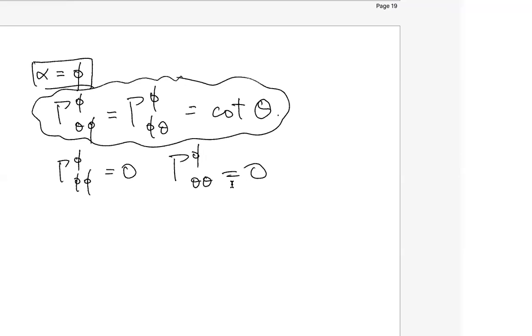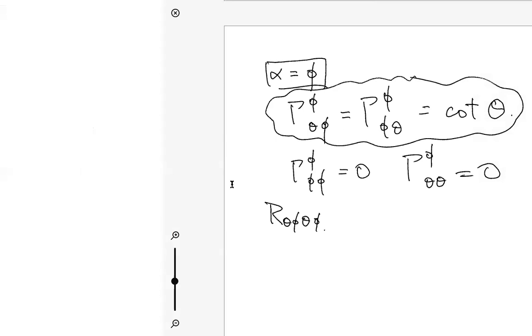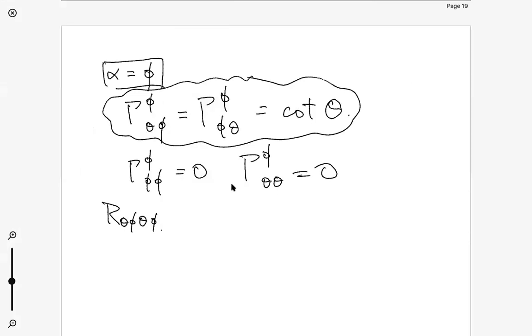But let's consider this version first. There's a little difference between these two. The theta here is an upper index, because only when I consider theta as upper index can I make use of the formula, this guy here.